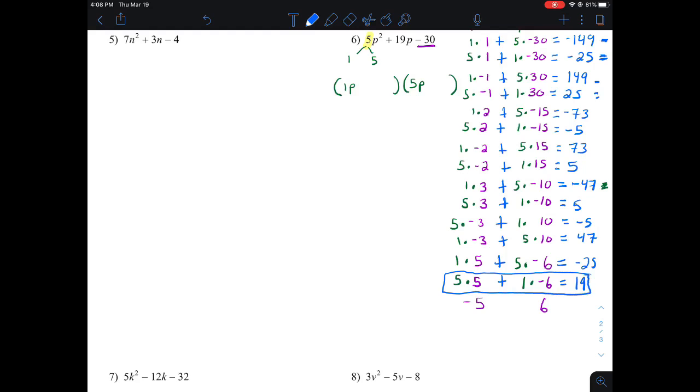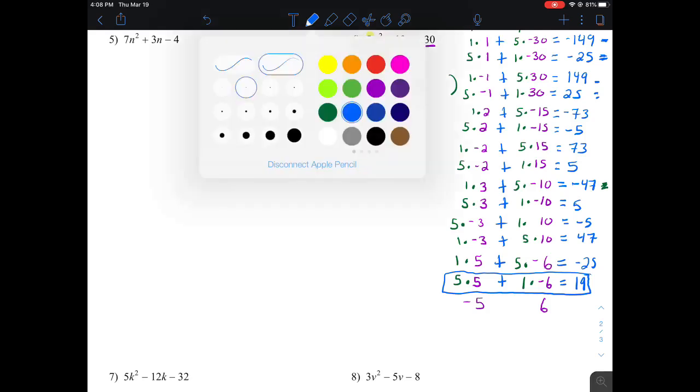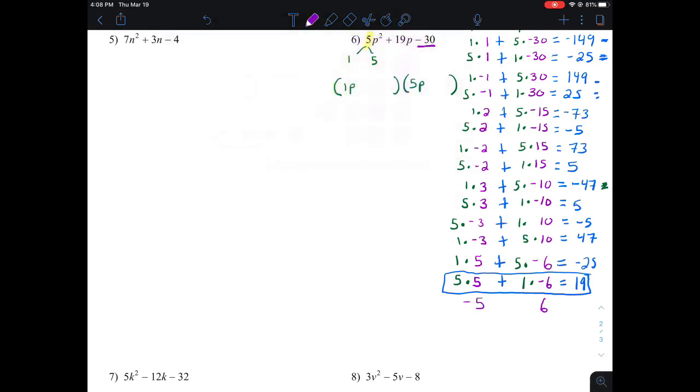So I figured out what times what makes negative 30, and when those numbers get multiplied by the coefficients of the p's, it's going to make it so it adds together to be positive 19. Now, we're putting these numbers in. Remember, the green numbers are the coefficients of the p. The purple numbers are the constants that go on the backside of the binomial.